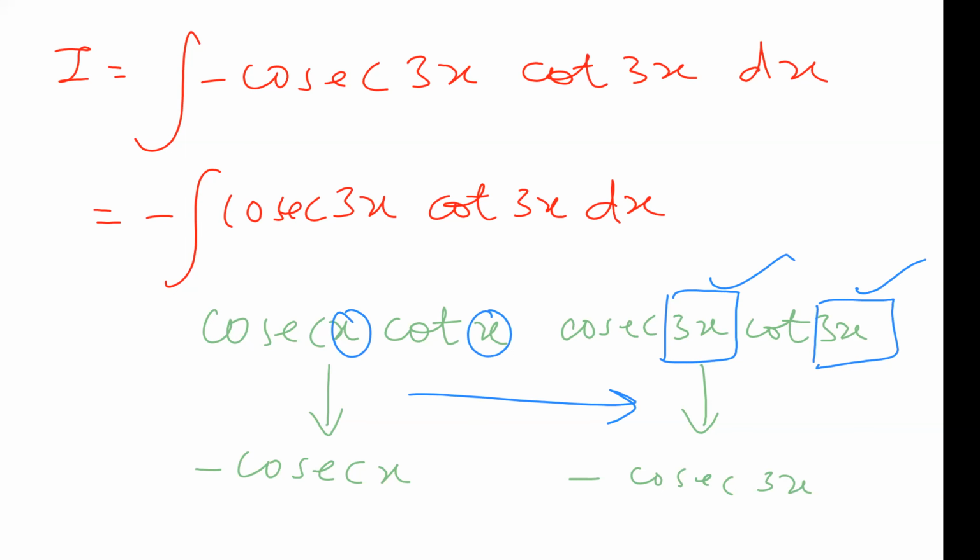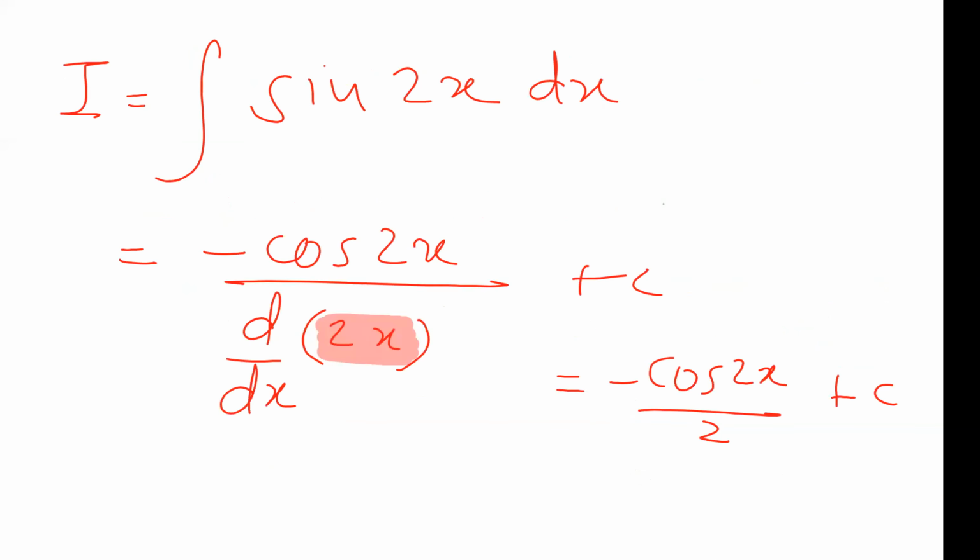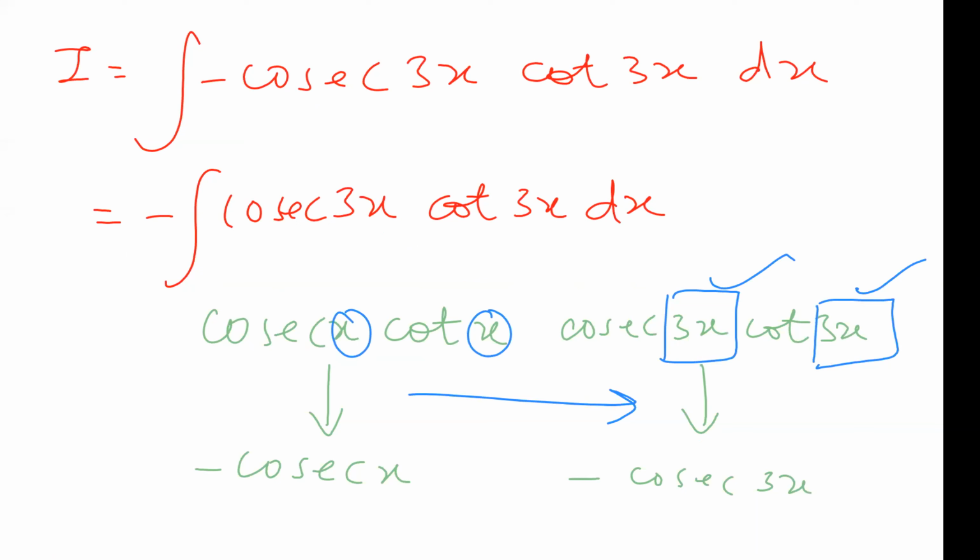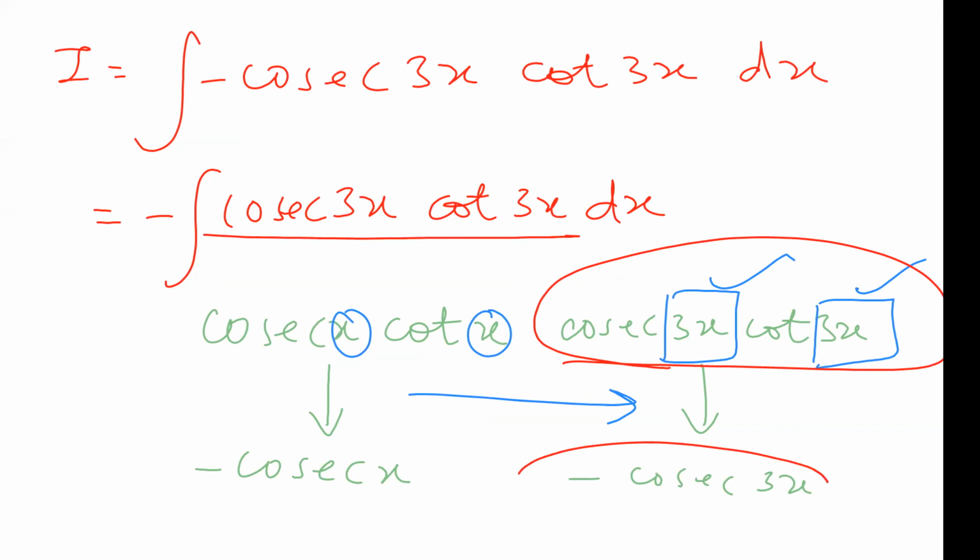If we solve it further, the integration of cosec 3x cot 3x will be minus cosec 3x, and this minus sign will also be there.